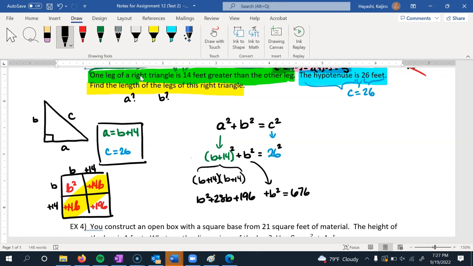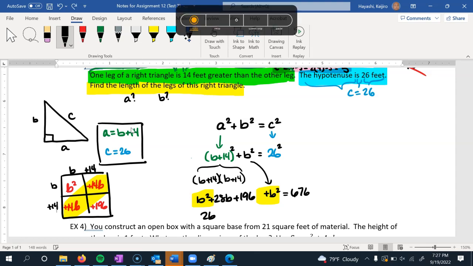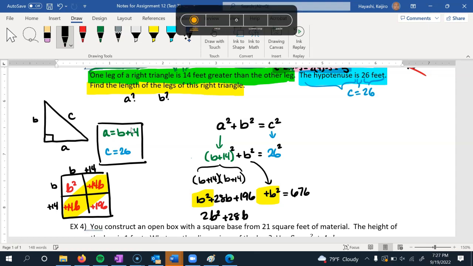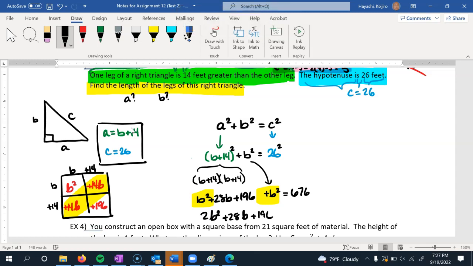Okay, so first of all, this is a quadratic equation. The first thing I'll want to do is combine these like terms. B squared plus b squared becomes 2b squared, plus 28b plus 196 equals 676.